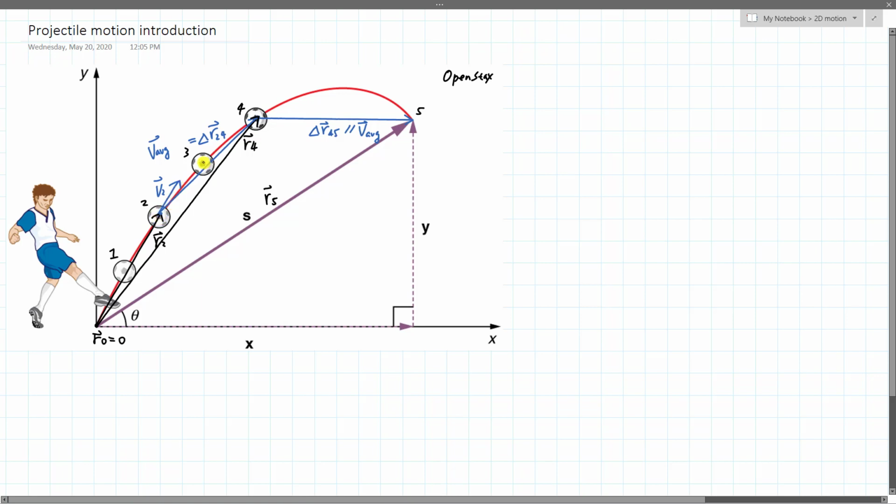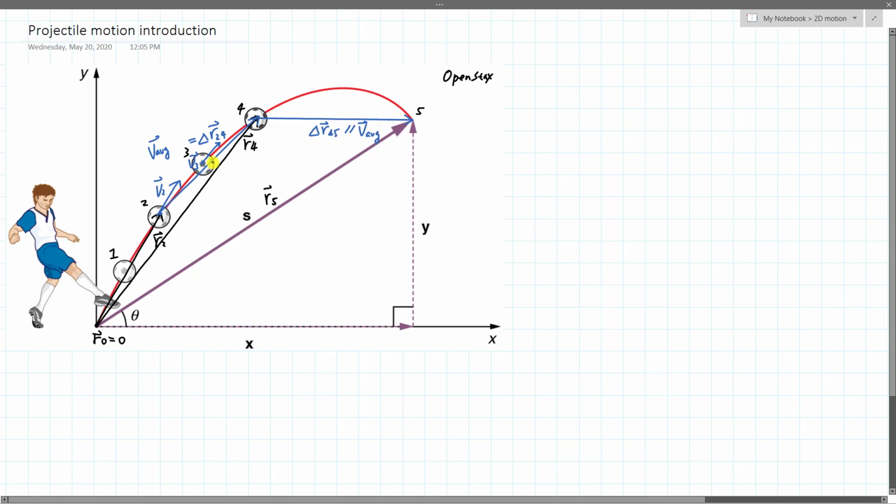And at this instant the ball is here, we should still draw a tangential line. I'll draw a slightly shorter one because I imagine the ball is reducing its velocity as it goes up. So this is v3. Kind of crammed in there, so we'll move it down here, v3.